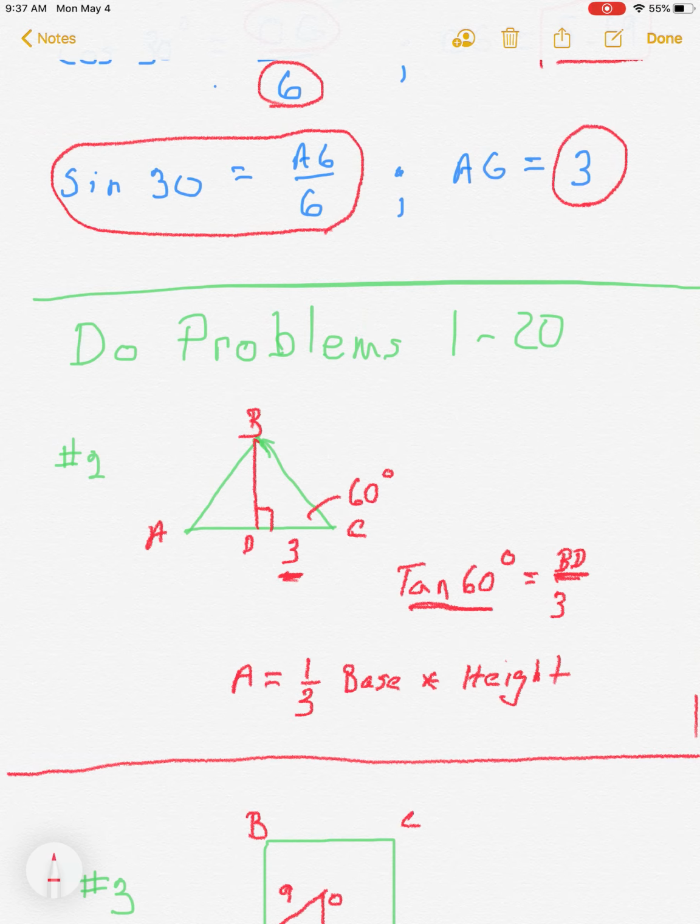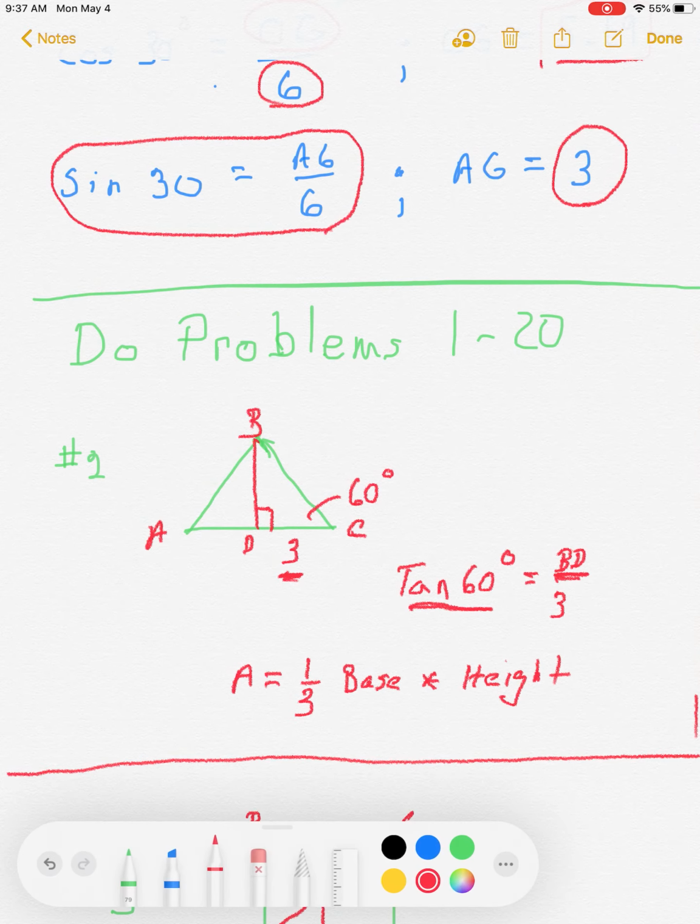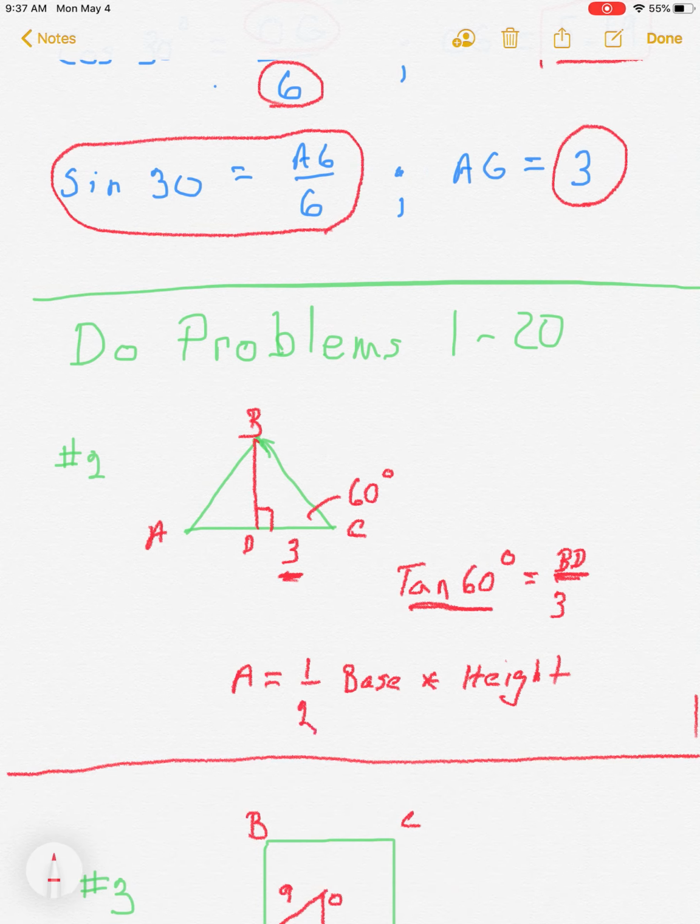The area of a regular polygon is 1/2 of the apothem times the perimeter. But in this case, probably it's just easier to say the area is half of the base times the height. And you will simply then multiply the base of 6 by the height you just discovered, which is BD.